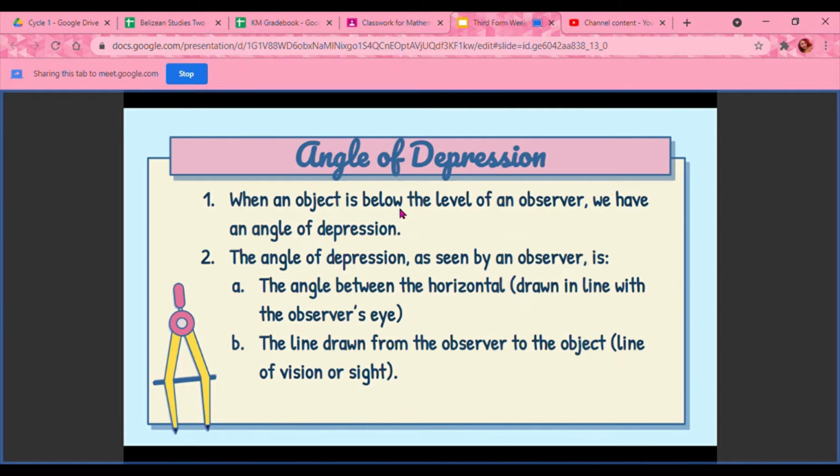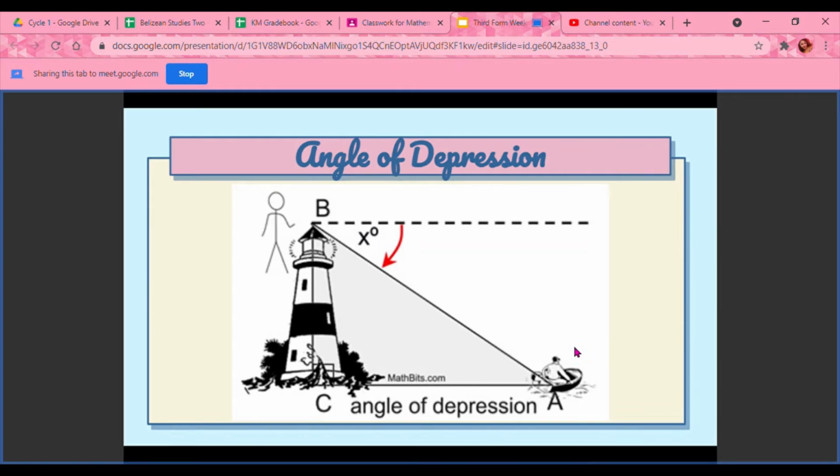An angle of depression. If an angle of elevation is when I look up, an angle of depression is when I look down. So if I am standing and I look down at something, I am creating an angle of depression. And an angle of depression, for example, in the diagram, if I am at the top of a tower and I look down on something, I am creating an angle of depression.